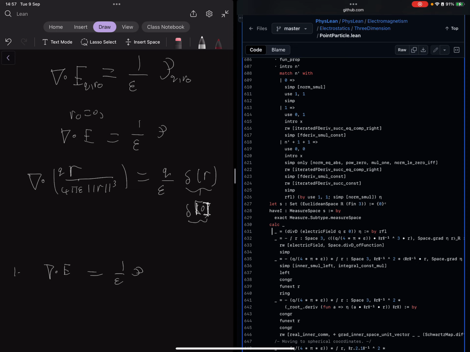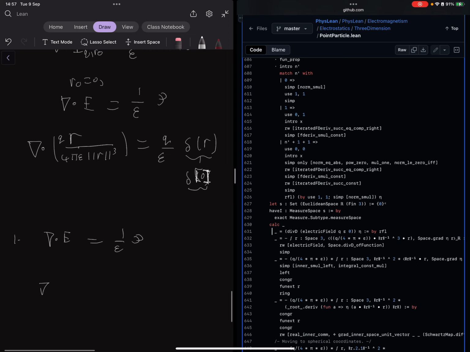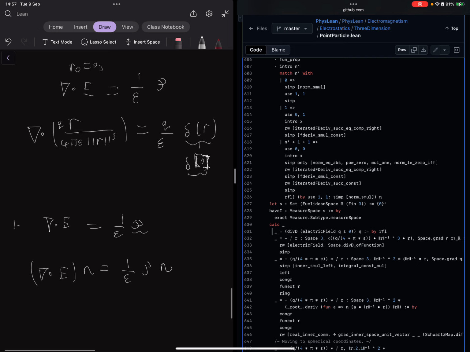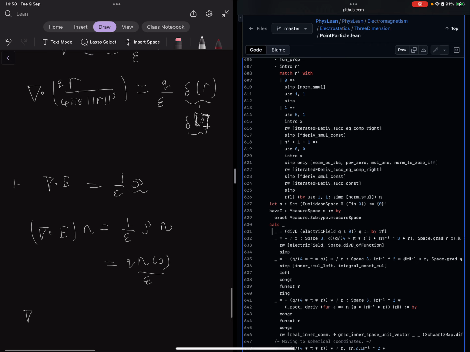Like before, this is true if and only if for all eta we have this thing here is true. And because of what our electric potential here is, this is just eta 0 over epsilon times q, actually.